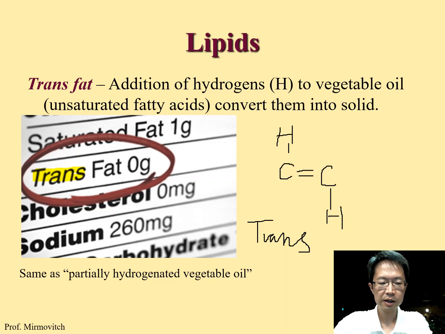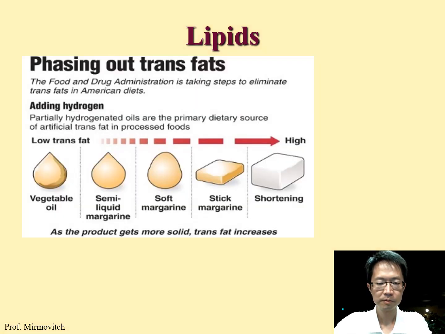And it says that they are partially hydrogenated vegetable oil. So try not to consume too much of the trans fat. So the FDA, that means the US government, has been trying to eliminate the trans fat. So what do we do?